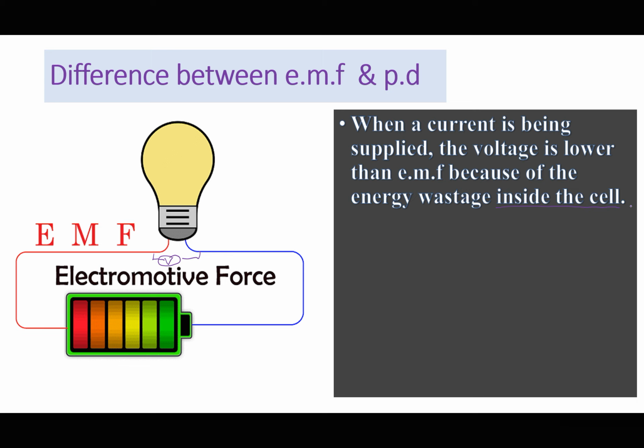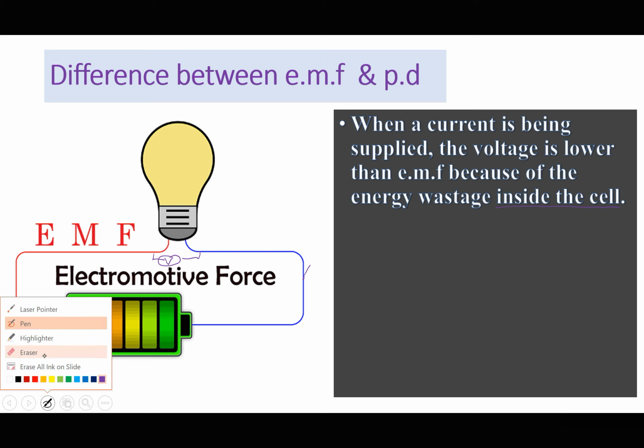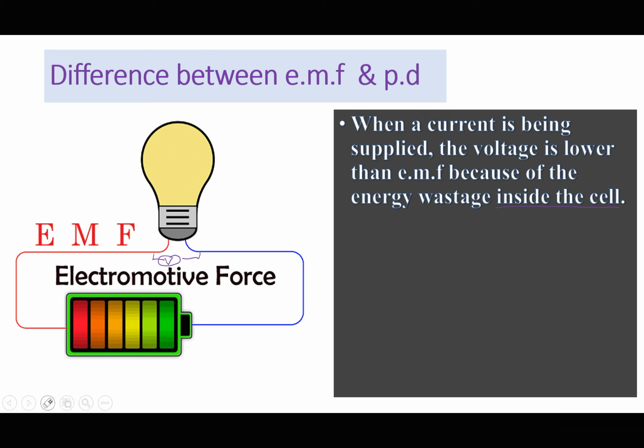If there is no current flowing, the voltage and the EMF are going to be the same. If there's a switch here and the switch is opened and there's no current being supplied, the voltage and the EMF are the same. But if there's a current being supplied, the voltage is expected to be less than the EMF, or the PD is expected to be less than the EMF.